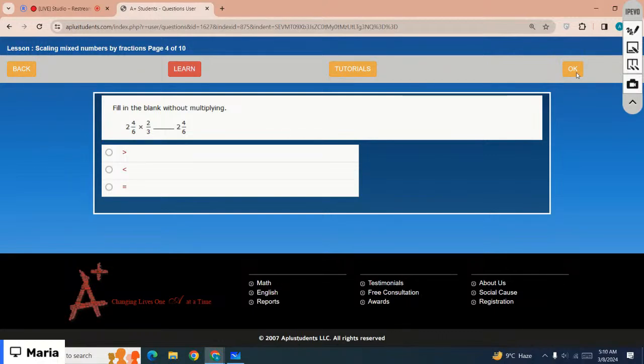So which is the correct option? Yes, that is less than 2 whole 4 over 6, right? Okay, you can complete the lesson by yourself later today. Let me just move on to the next lesson.